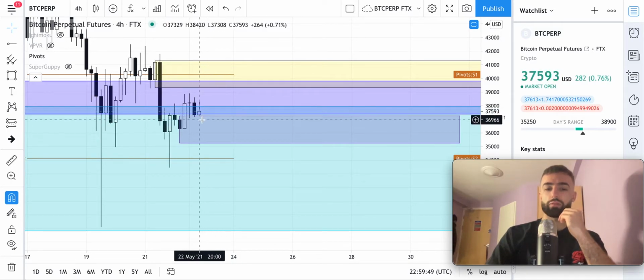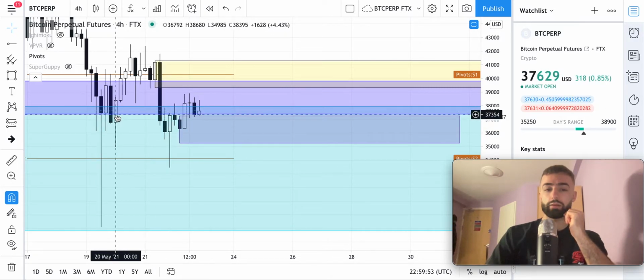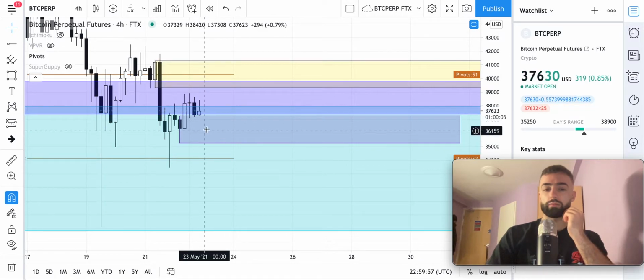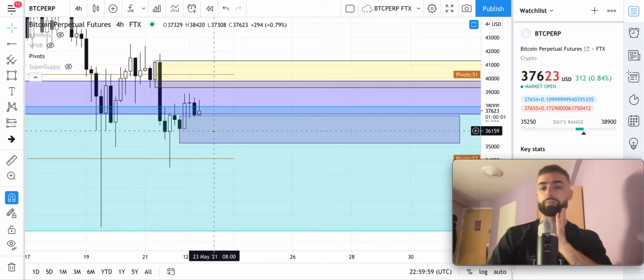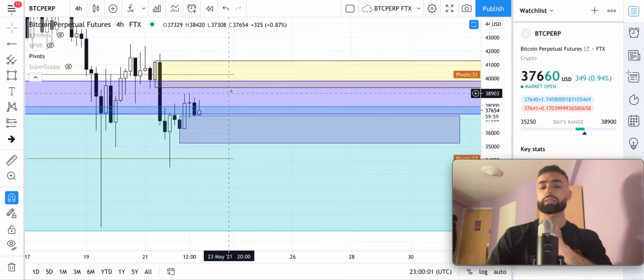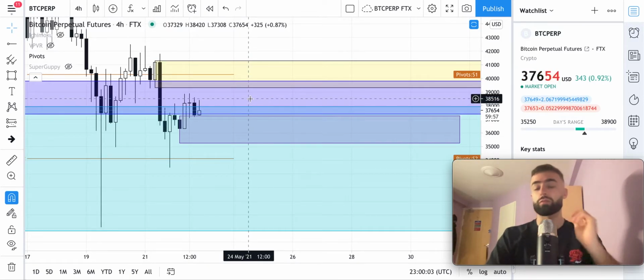If we close below this zone, below the dark blue zone right here, this is not going to be a zone where I'm going to want to bid, because the higher time frame zone is overriding it basically. So that's what you have to look for on these different time frames when you're switching between them.